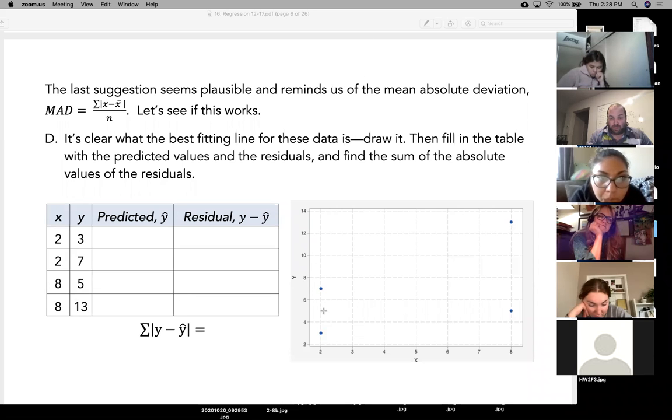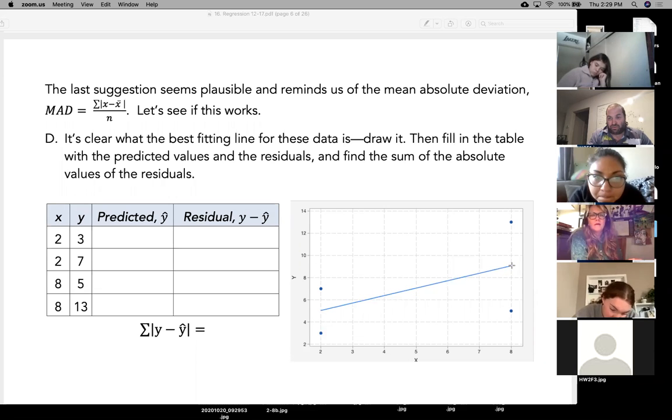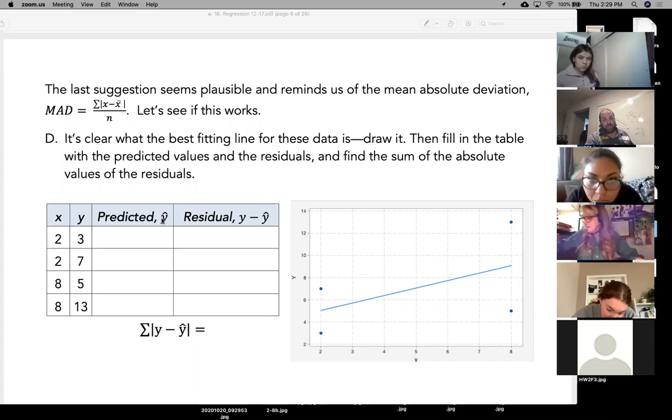If I do this one, which looks like this, I actually write out all the possibilities here. So the first point here, which is 2, 3, what is its predicted value?